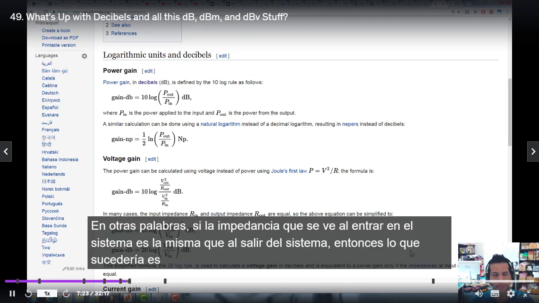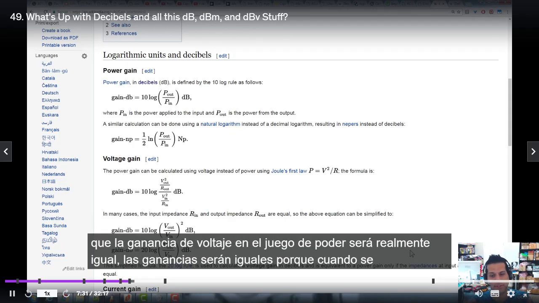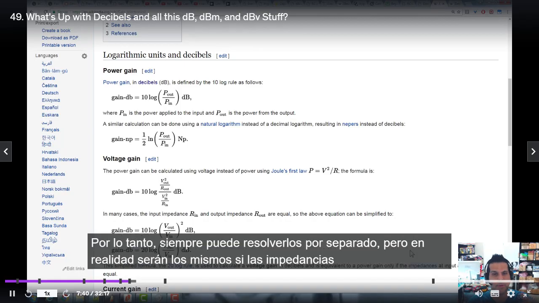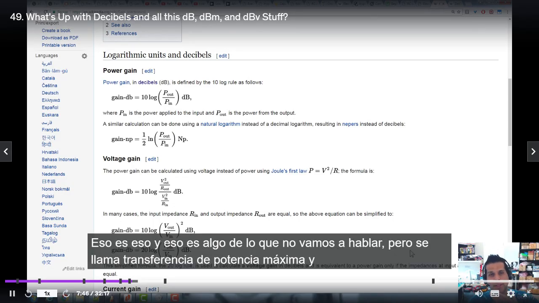In other words, if the impedance seen going into the system is the same as going out of the system, then the voltage gain and the power gain will actually be equal. The gains will be equal because when you run through this math, they'll be the same. So you can always figure them out separately, but they'll actually be the same if the impedances are the same.